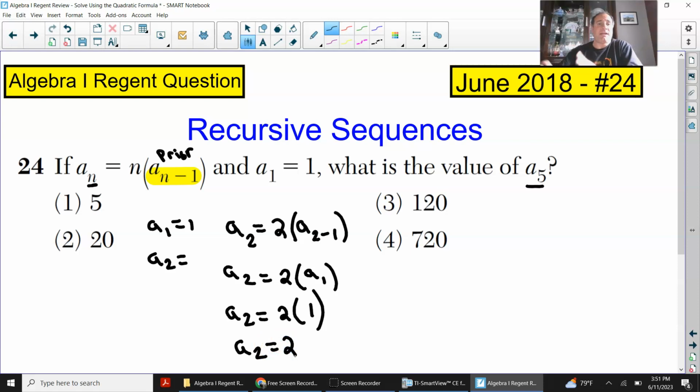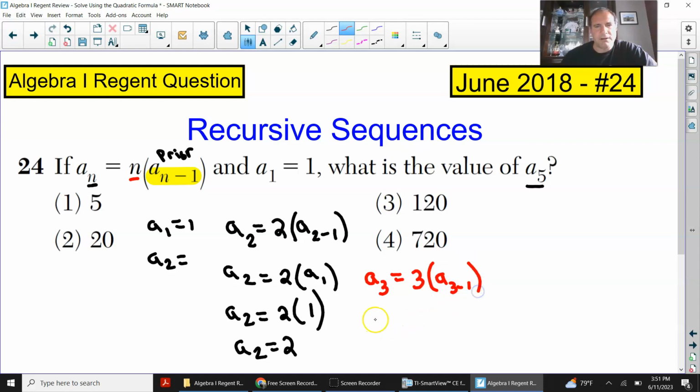All right, so now I have a sub 2. Now I'm going to go in a different color ink, and instead of n being 2, I'm going to do a sub 3. Again, I'm following this: n is 3 times a, and then n is 3 minus 1.